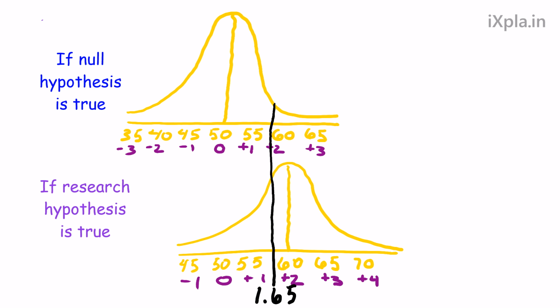This area to the right of that value on the top curve is called the critical region. If we get a value in that region, we're going to reject the null. We're going to conclude that if we get something in that region, it's very unlikely to have occurred due to chance.